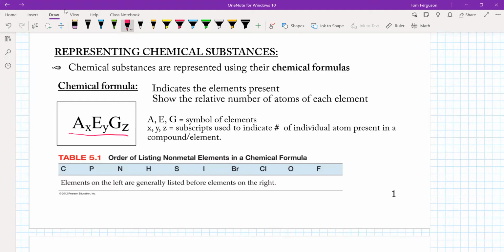Frequently, going from left to right, we'll have this order down here, starting with carbon, phosphorus, etc., and ending with the halogens. That's typically what the formulas are. They normally aren't scattered around. If it's ionic, you'll have the cation, the positive ion, before the anion, the negative ion.